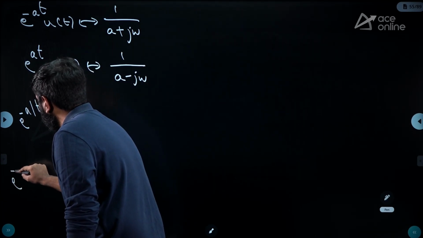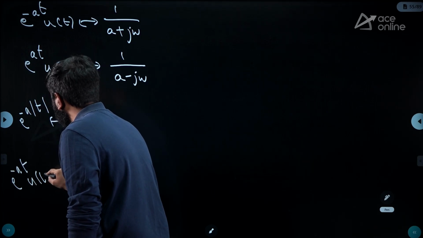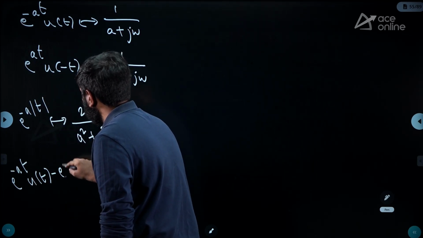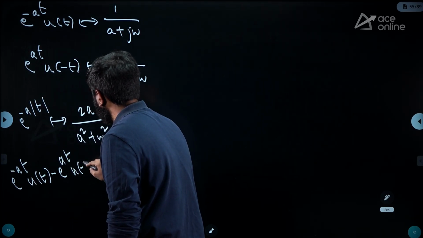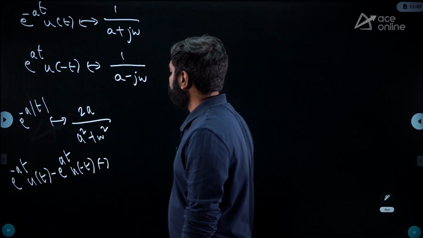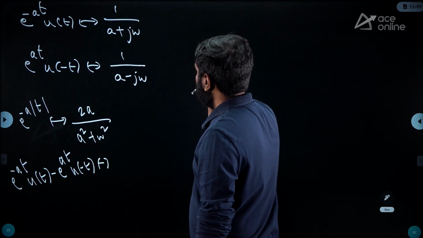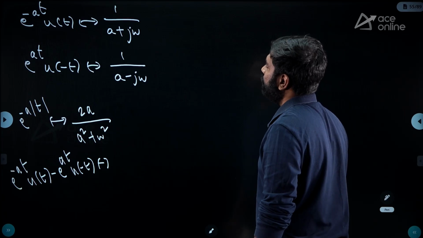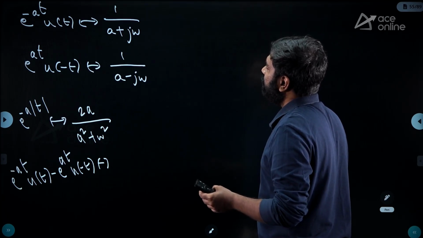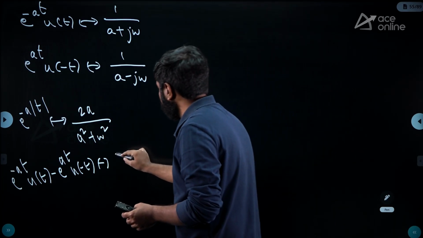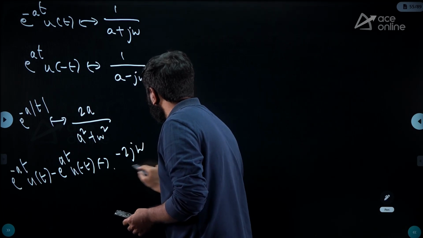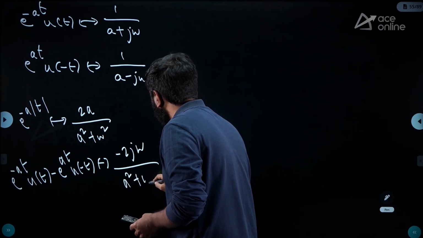You have e power minus at u of t minus e power at u of minus t, whose Fourier transform, if you want, you can subtract them. If I subtract them, 1 by a plus j omega minus 1 by a minus j omega, so it will be like minus 2j omega by a square plus omega square.